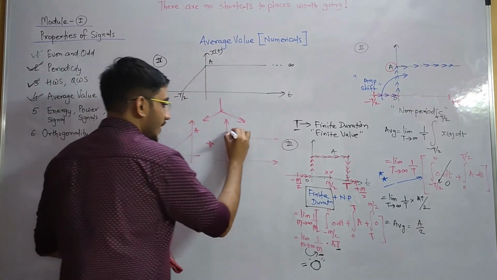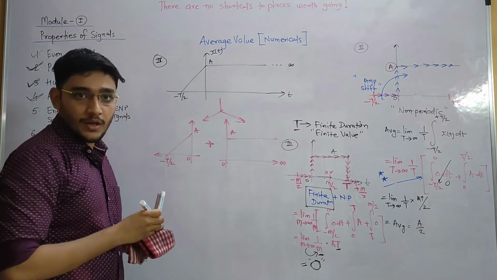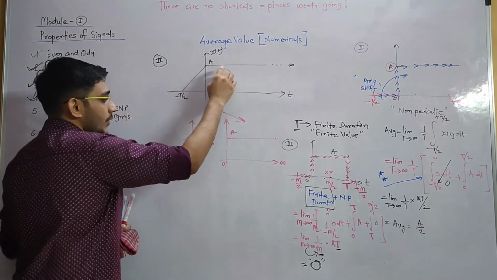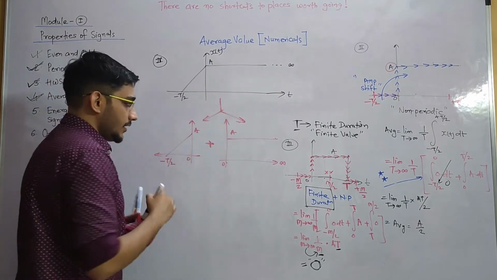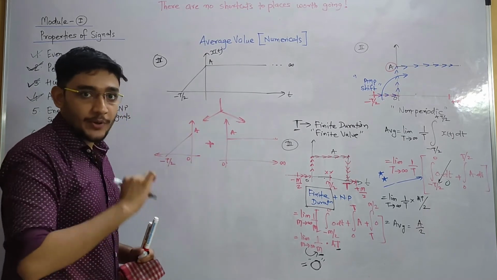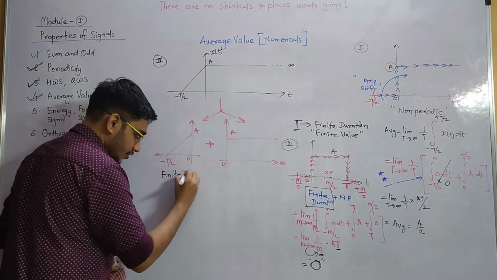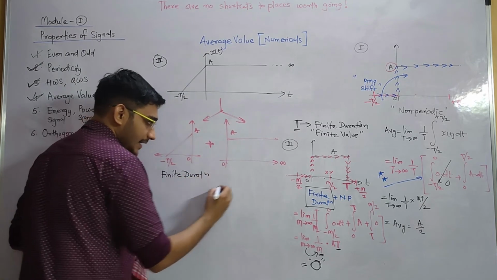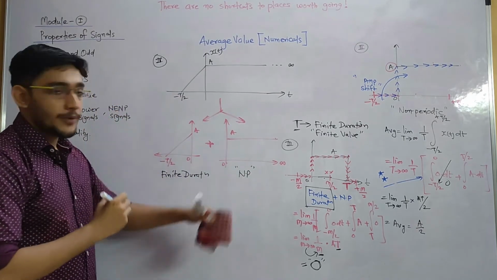So this value is again A, this goes to infinity, this is 0, this is 0, correct? So now you can see that I have just redrawn this in a combination of a finite duration signal and an infinite duration non-periodic signal. So this is a finite duration signal, and this is a non-periodic signal, right?